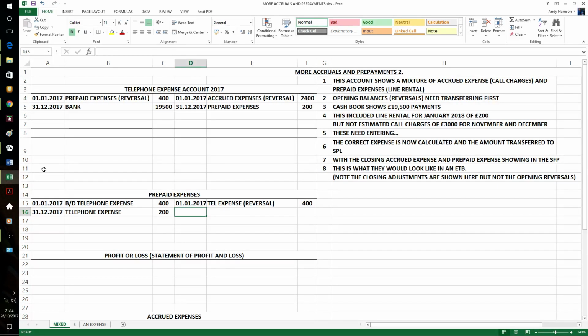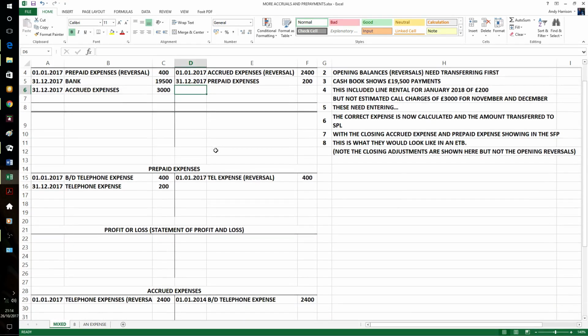And we've got some estimated phone charges for November and December, £3,000. Those have got to be incorporated, they're big money. We will have made the calls, incurred the bill, so we better actually include it.